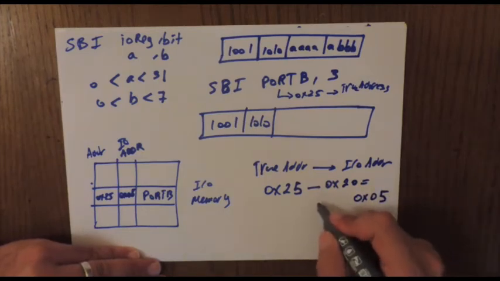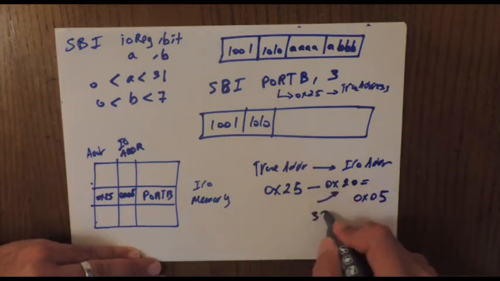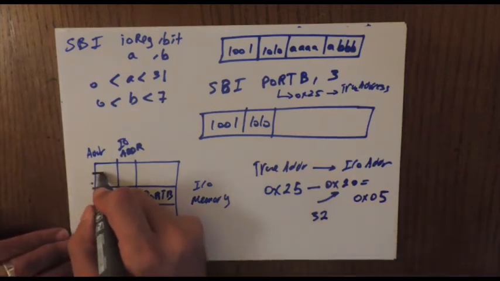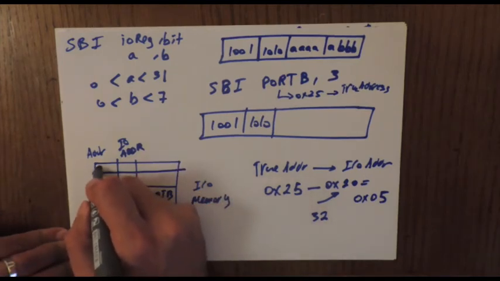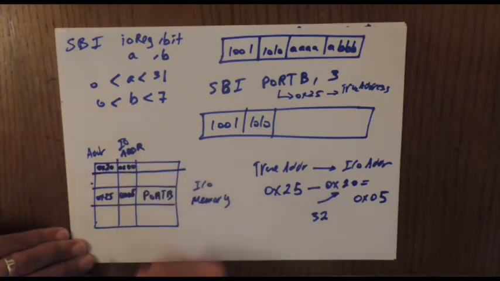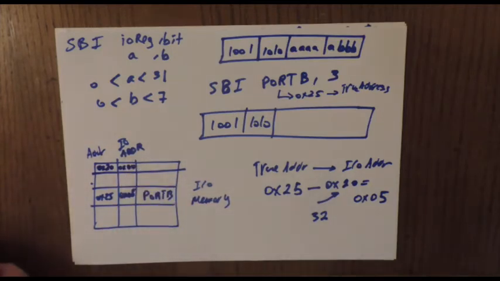And what is 0x20? It is we subtract 32, which is the difference between the true address and the IO address. So if we start here, this is 0x20, and this will be 0x00. Okay, and this is the first IO address.